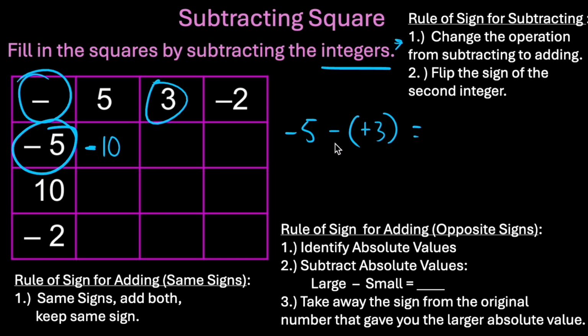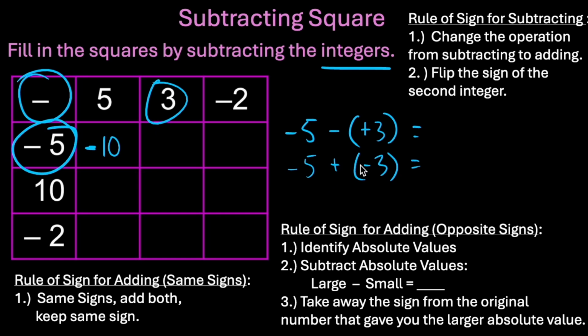We change that minus to a positive, the +3 turns into a -3, and we just bring the -5 down. Those steps are up there in the right corner. The first thing is change the operation from subtracting to adding. I did that. Flip the sign of the second integer. I did that as well, +3 to -3. Now we have an addition problem: -5 plus -3 equals.